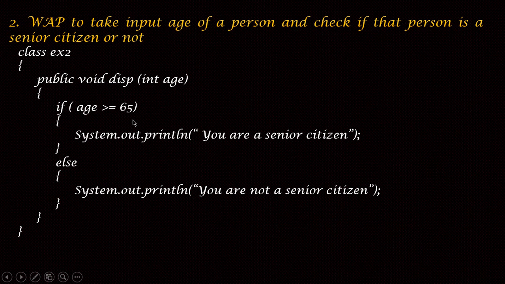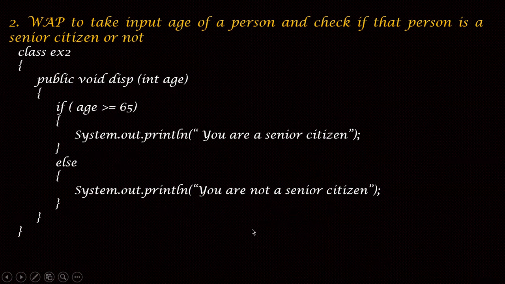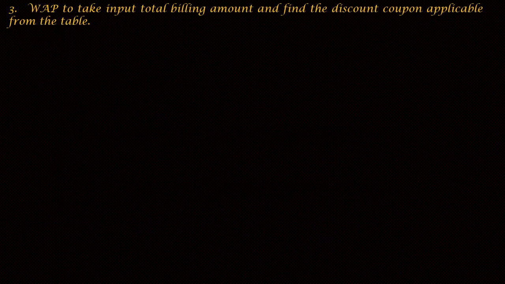Both are inclusive. So if I am 65, then also I am considered a senior citizen, or if my age is above 65, then also. That's why I have utilized greater than or equal to here. So if my age is greater than or equal to 65, then I will be considered a senior citizen. Otherwise, I am not a senior citizen. Okay. It is clear. Let us consider the third syntax.